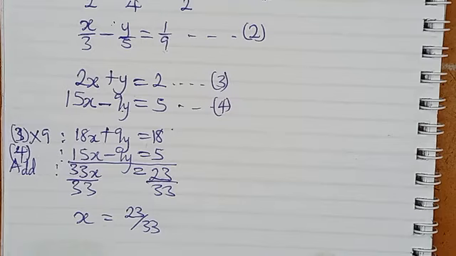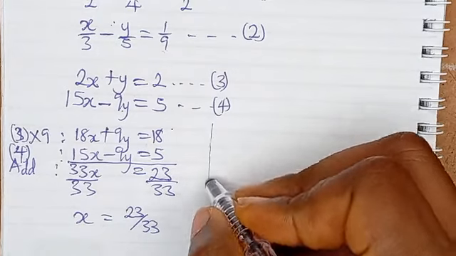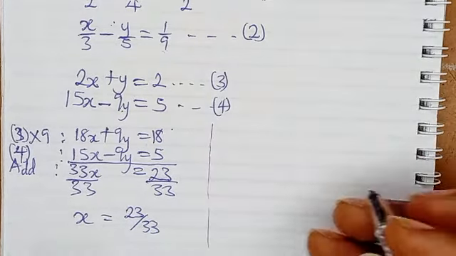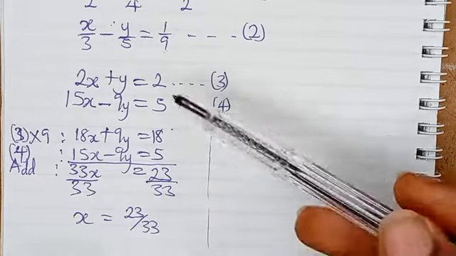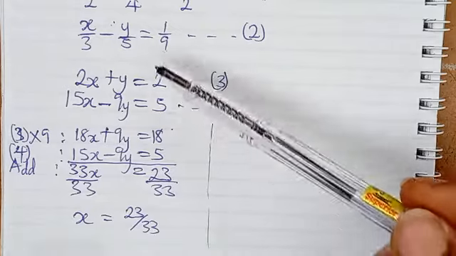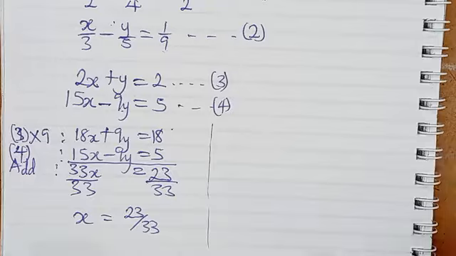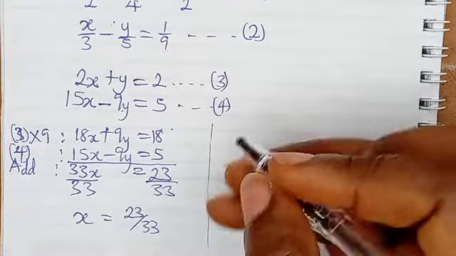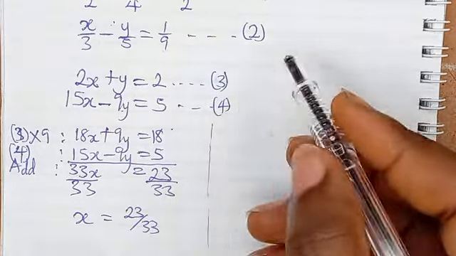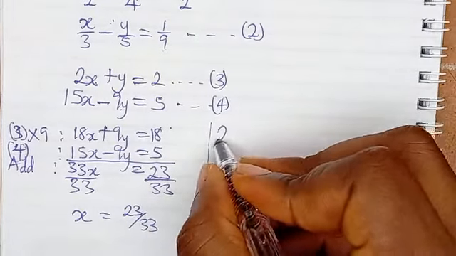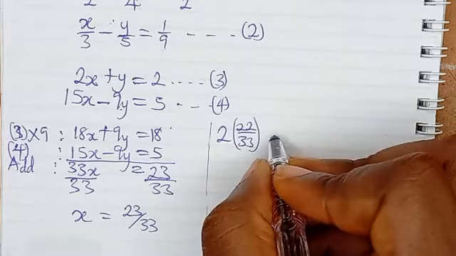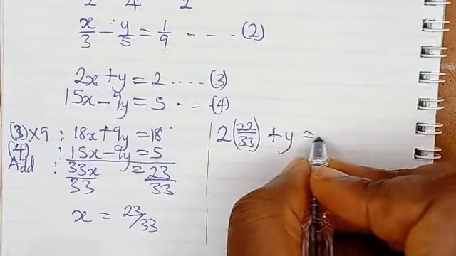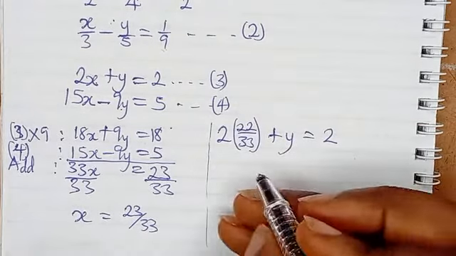Now we are going to solve for y. How do we do that? We are going to substitute this into any of our equations, and it's easier to work with simple equations like these ones we've simplified by eliminating fractions. So let me substitute into equation 3. We have 2 times 23 over 33 plus y is equal to 2.